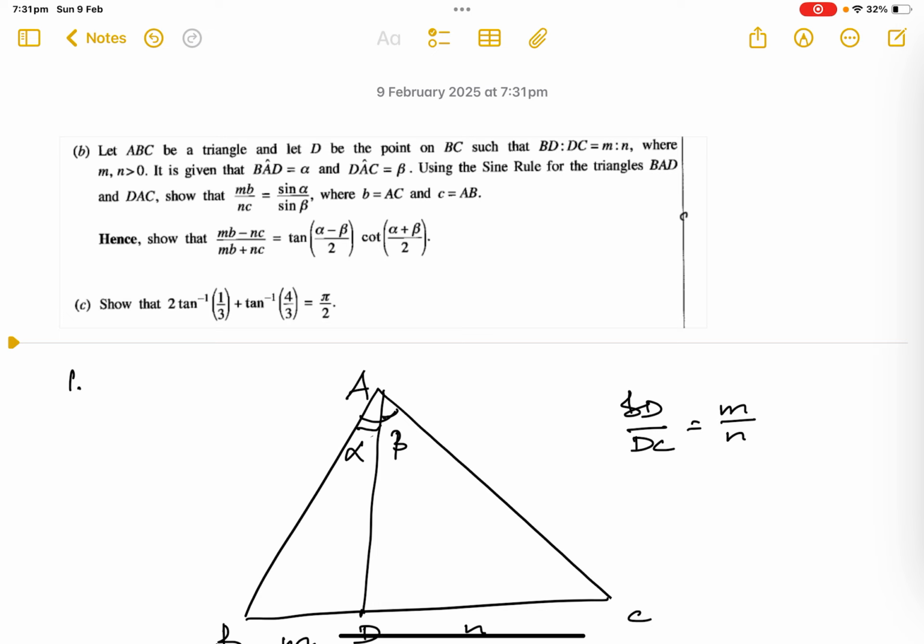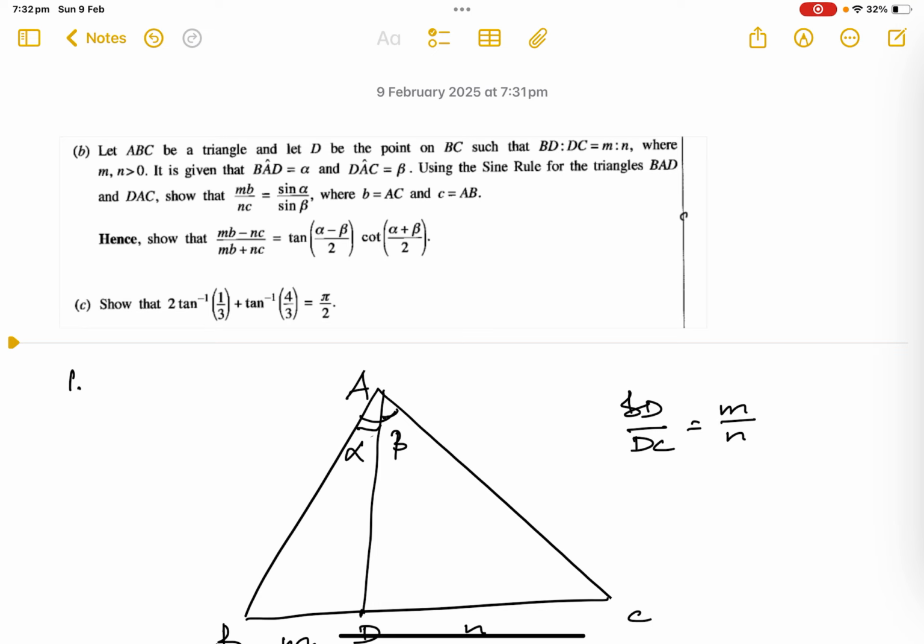A past question on trigonometry. Let ABC be a triangle and let D be the point on BC such that BD is to DC equal M is to N, where M and N are greater than 0.